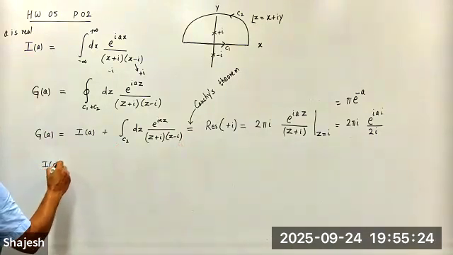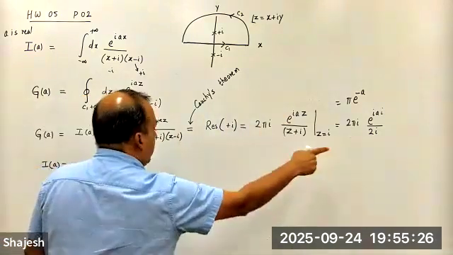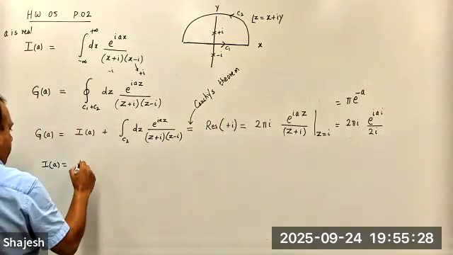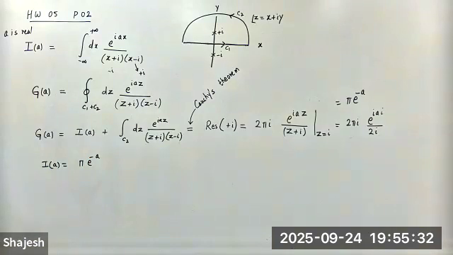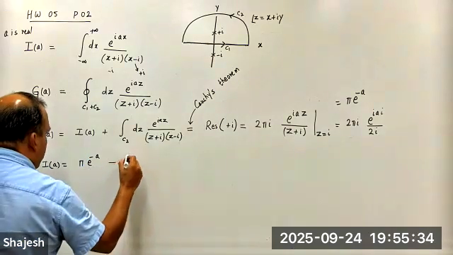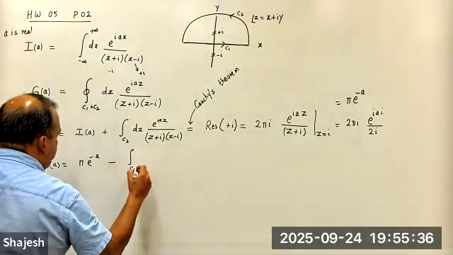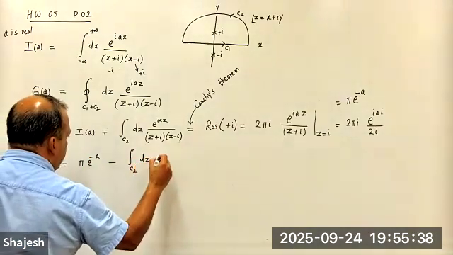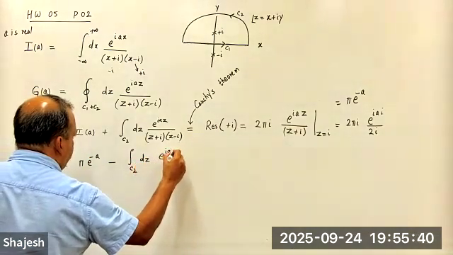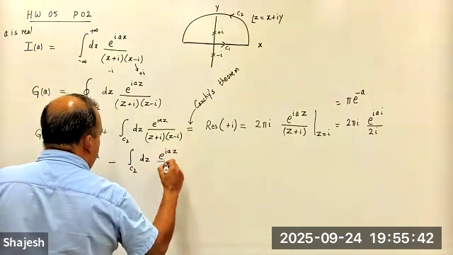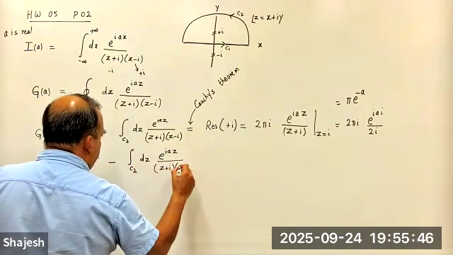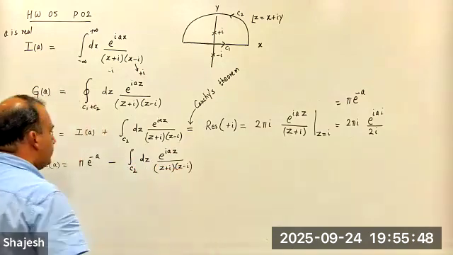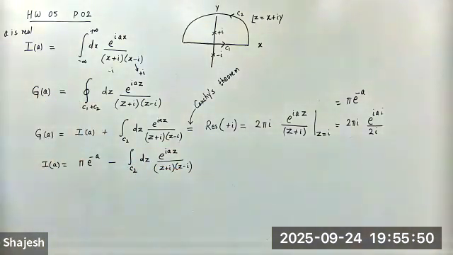I of A is equal to, move this to the right, so I know that that is pi times e raised to minus a minus the integral over C2 of e raised to iaz over z plus i and z minus i.